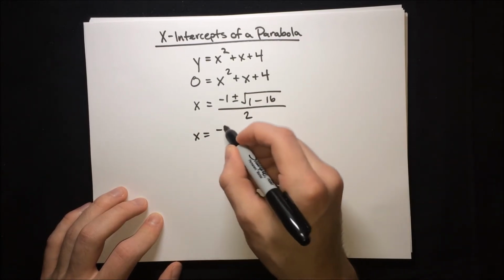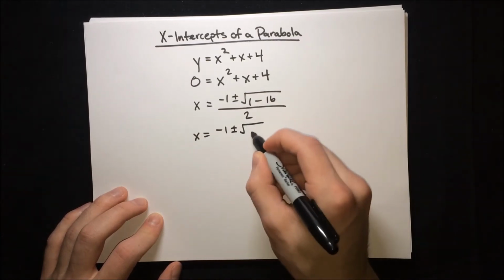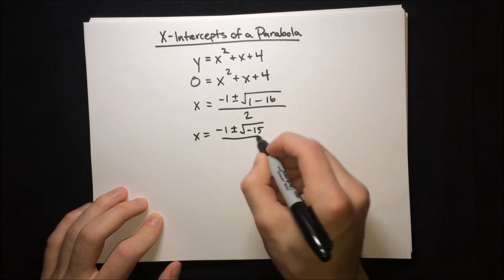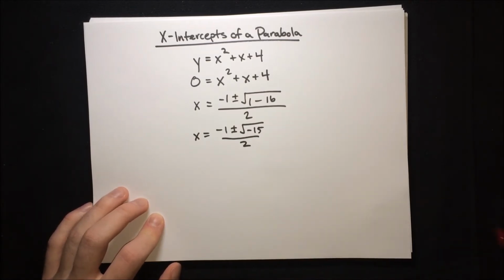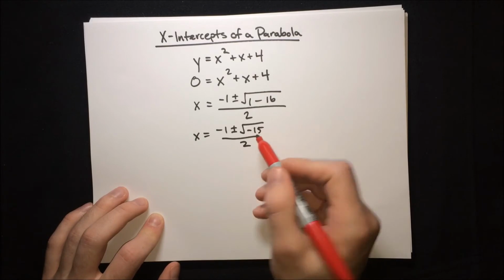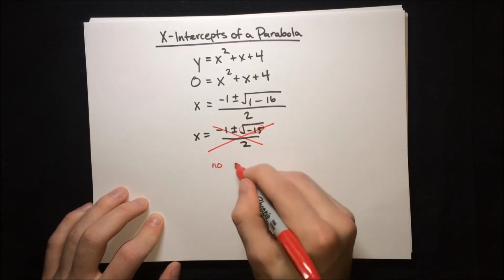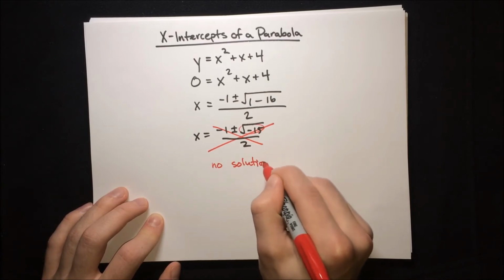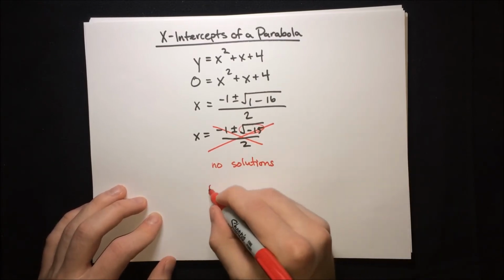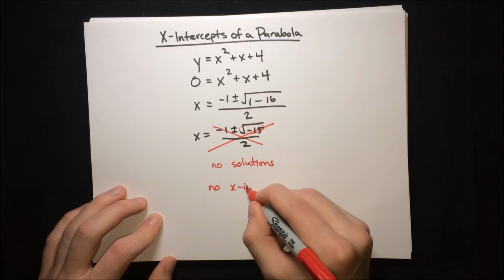So x equals negative 1 plus or minus root of negative 15 over 2. But there's a negative in this root, so that means there are actually no solutions. As a result, there are no x-intercepts.